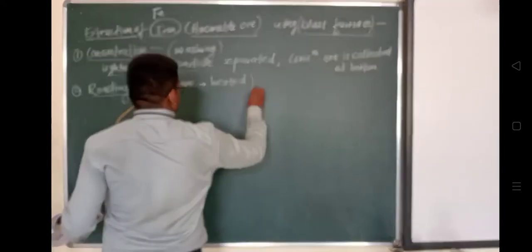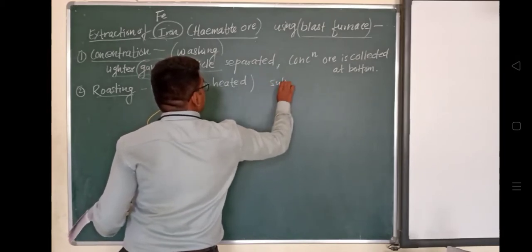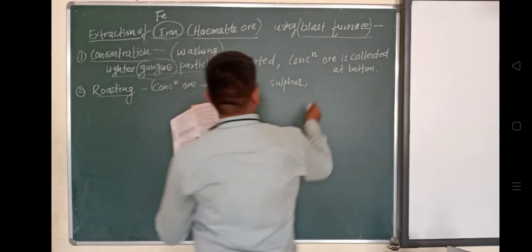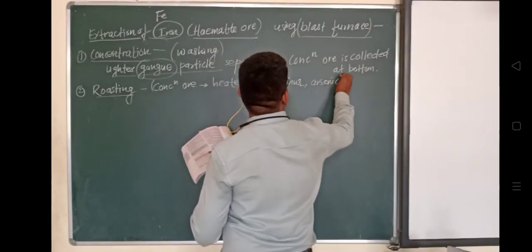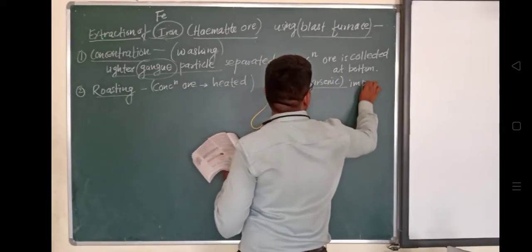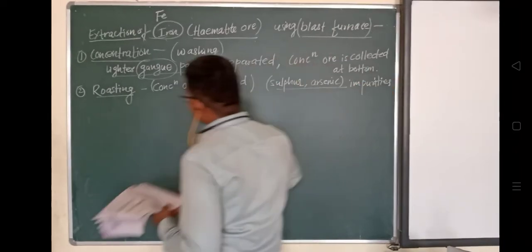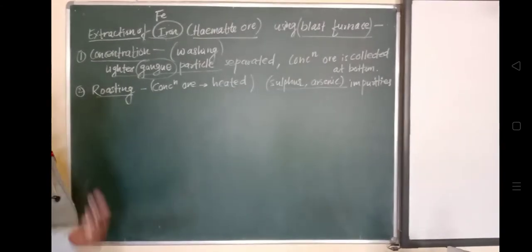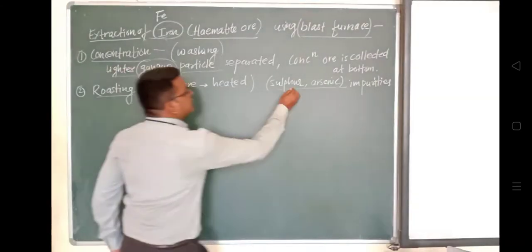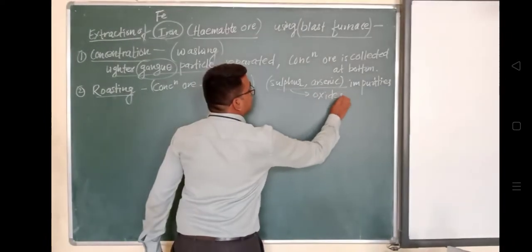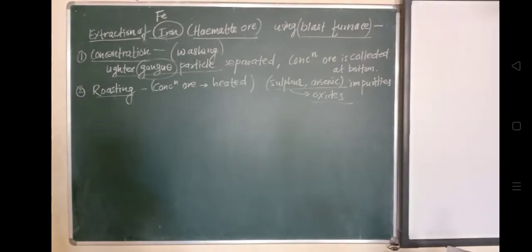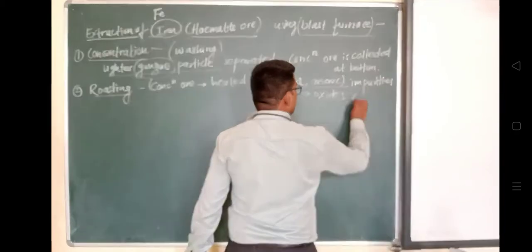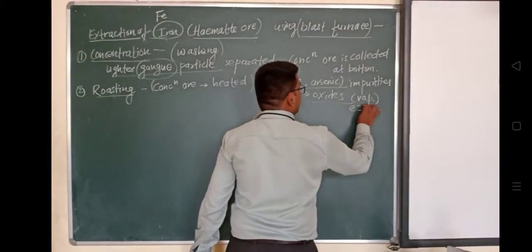After heating, the impurities in the form of sulfur or arsenic will be converted. This is heating in the presence of oxygen, so they will get converted into oxides. Sulfur and arsenic impurities present in the ore get converted into their oxides and escape as vapor. In the form of vapor they escape from the furnace.